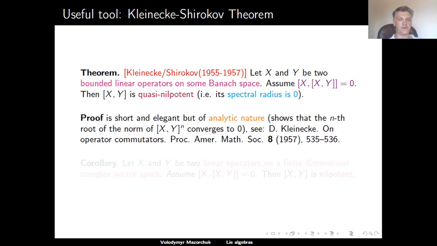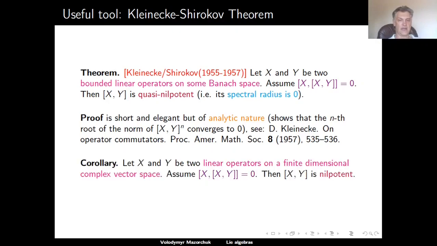The original proof of this statement is very short and elegant, but is of analytic nature, so we refer to the original paper, for example, of Kleinecke on operator commutators in the Proceedings of the American Mathematical Society, which can be found online for the full proof. In our particular case of finite-dimensional vector spaces, this theorem has the following application.